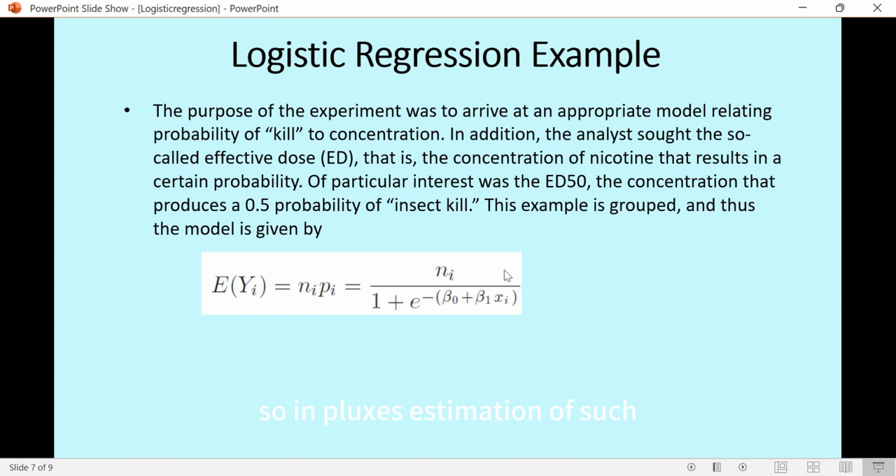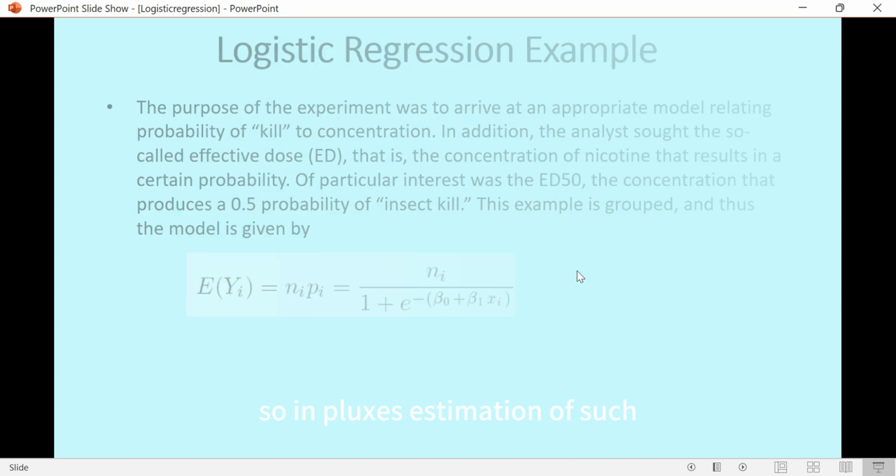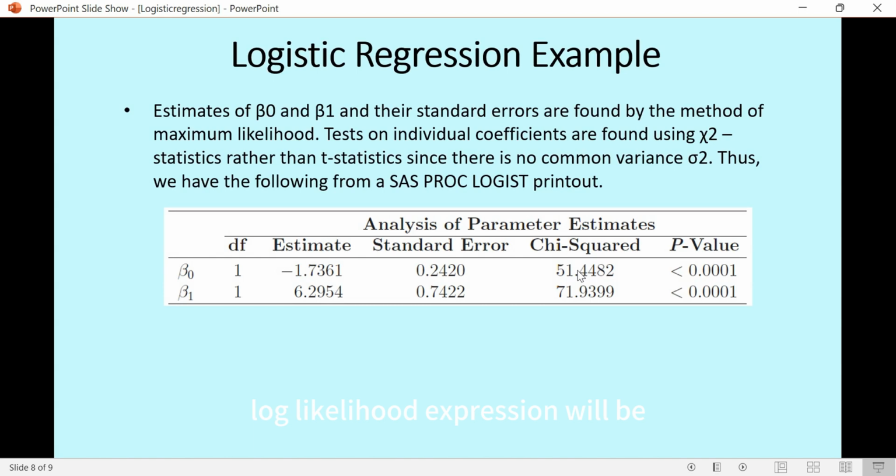In practice, estimation of such a log likelihood expression is done in statistical software like SAS. Here, SAS with PROC LOGISTIC will get this log likelihood estimated. The result is that beta 0 and beta 1 are both significant, with p-value less than 0.0001.